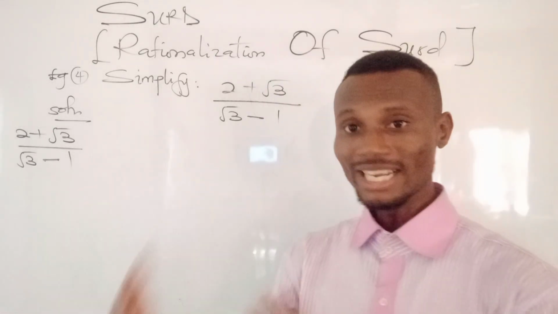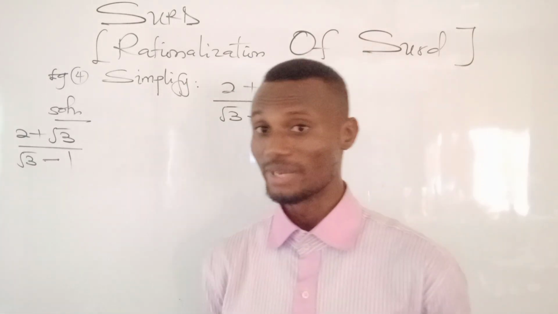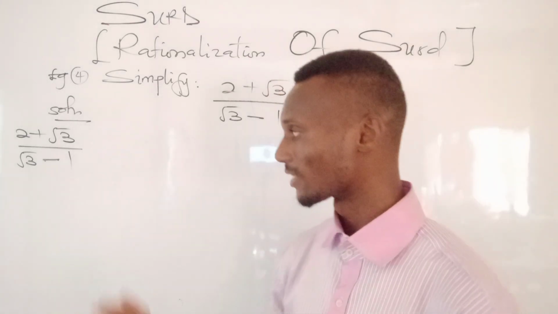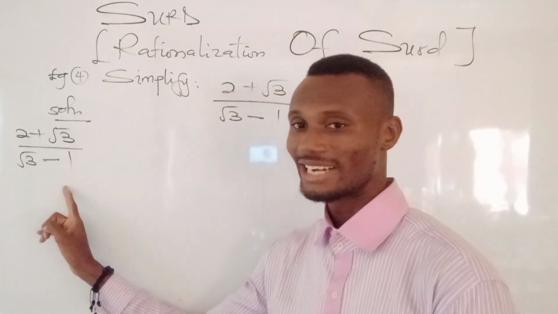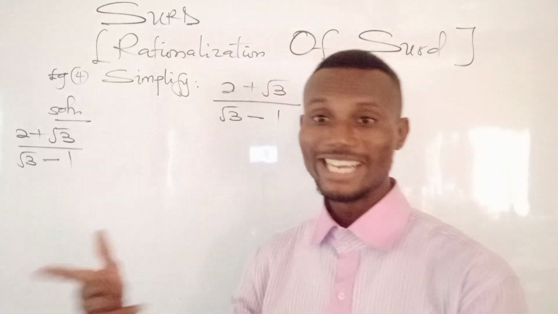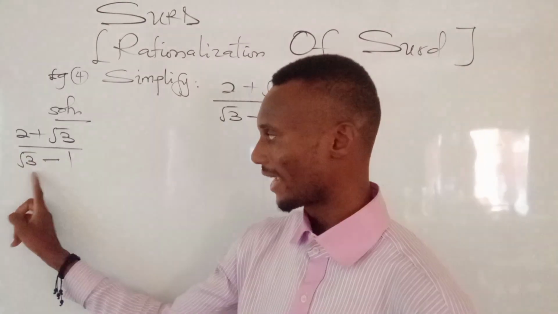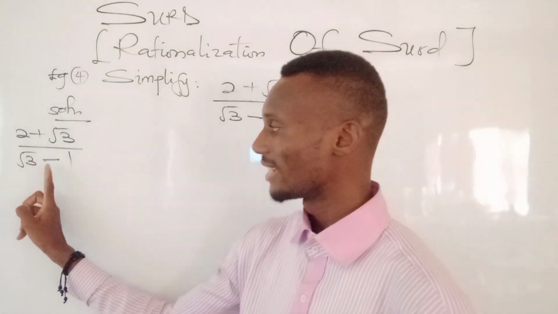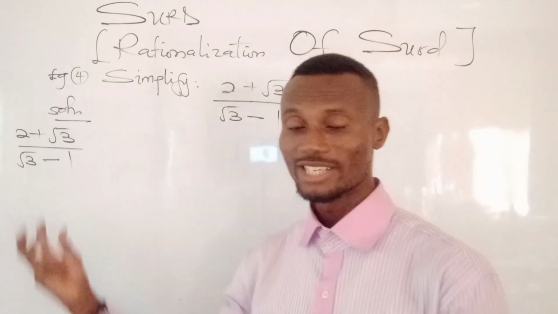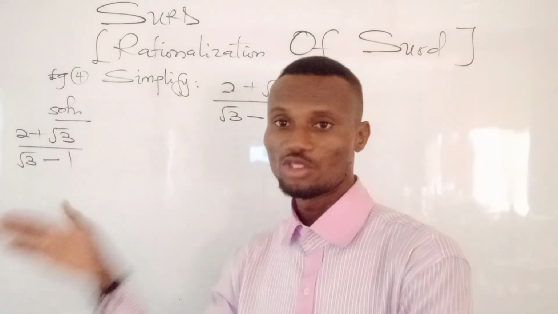So let me just do a quick recap on what the conjugate means. The conjugate of the denominator simply means that you are going to repeat what is at the denominator, but the sign it has in between them, you change it to the opposite. So this is root 3 minus 1. You can see that the sign in between them is negative. So to get the conjugate of it, you are going to repeat the same thing and change the sign to the opposite.